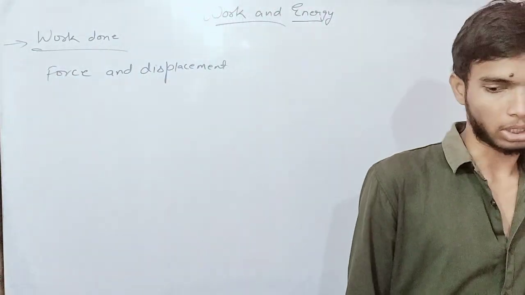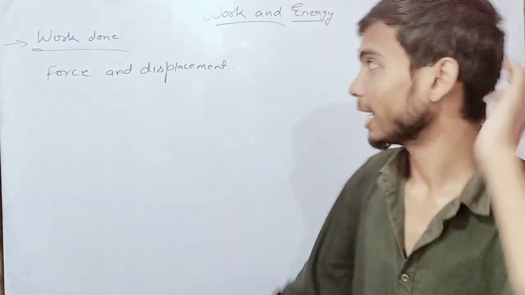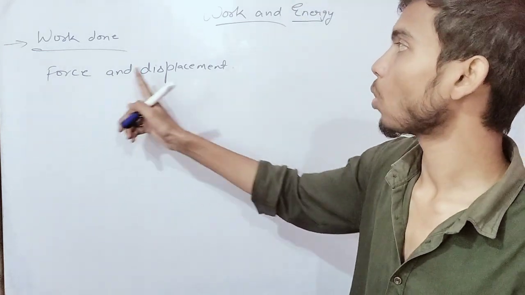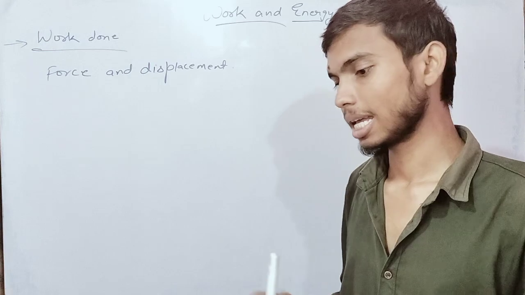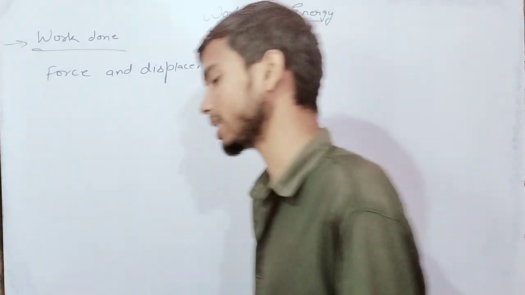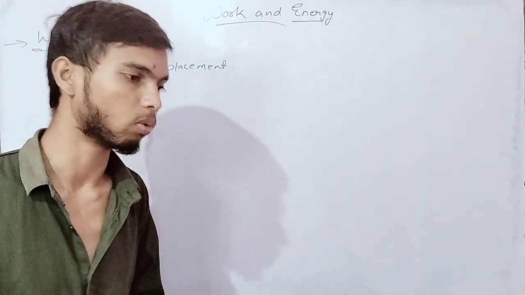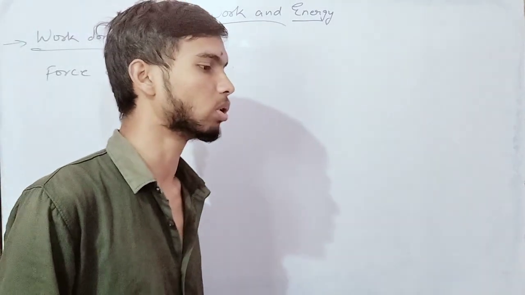Either this or this is 0, and we can say work done would be 0.